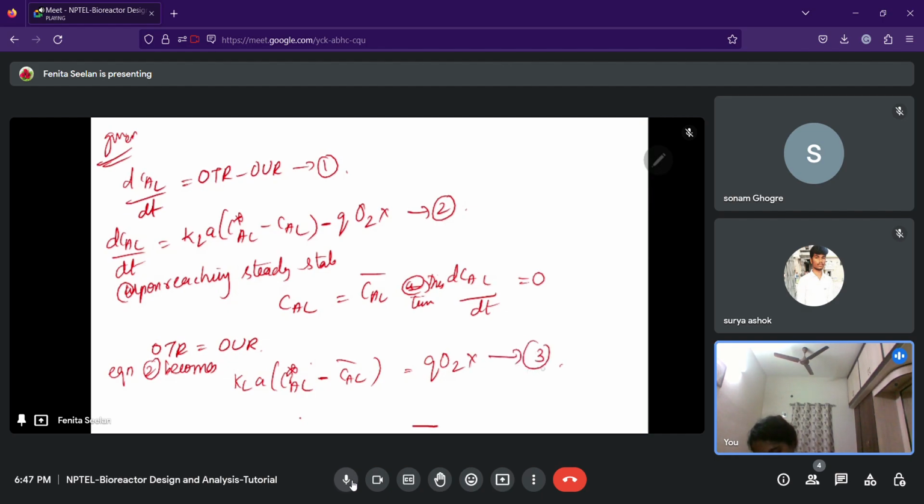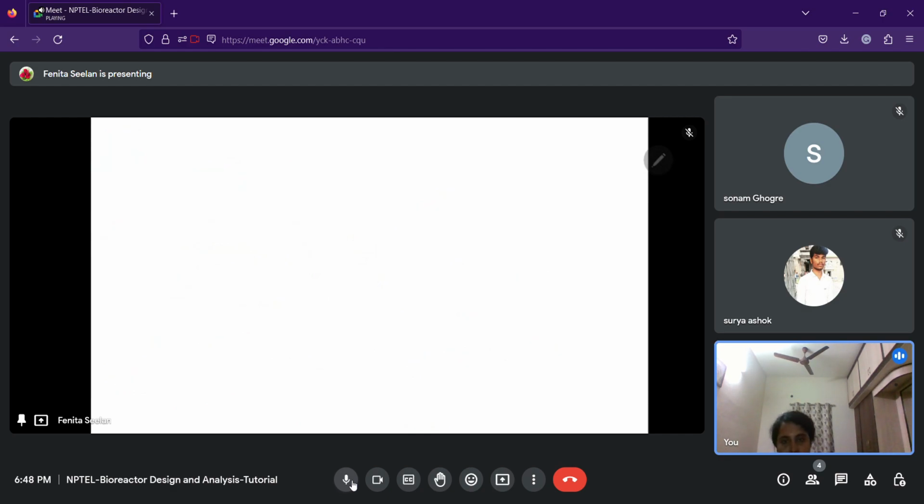So now we have to simplify the equation. How do you simplify it? I think you guys know this. You should know how to derive this.